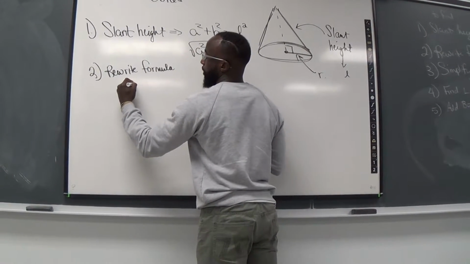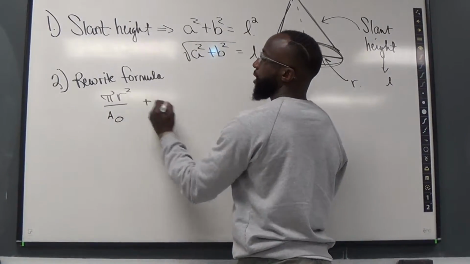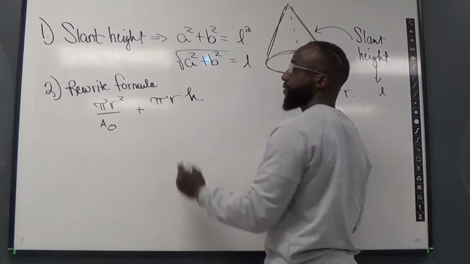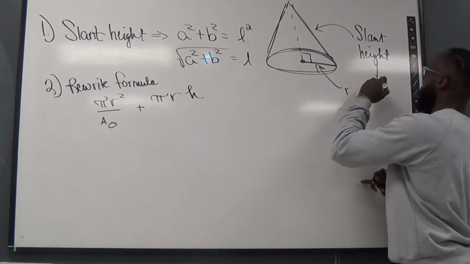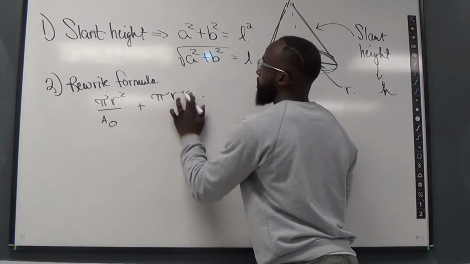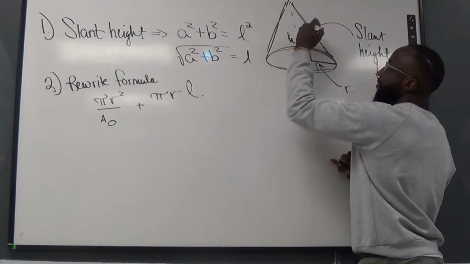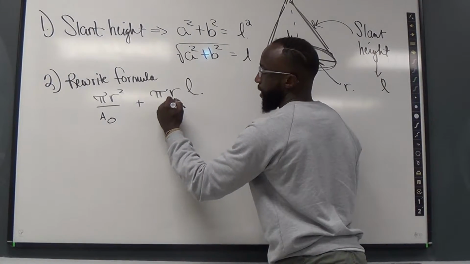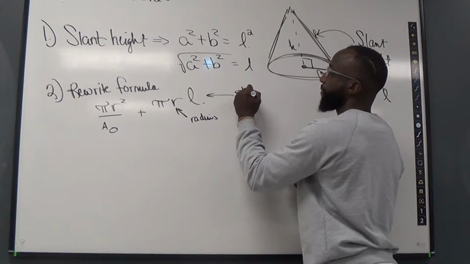The formula being pi r squared, that's the area of the circle, plus pi r L. H is the height. We need L, which is the slant height, right? So this is the radius of the circle, and this is your slant height, okay?